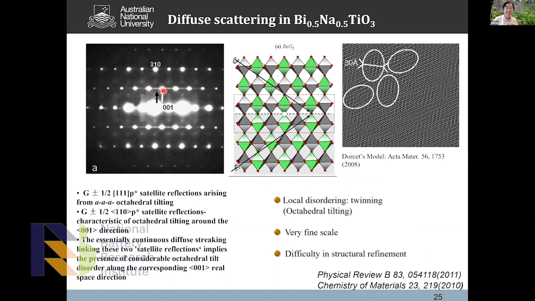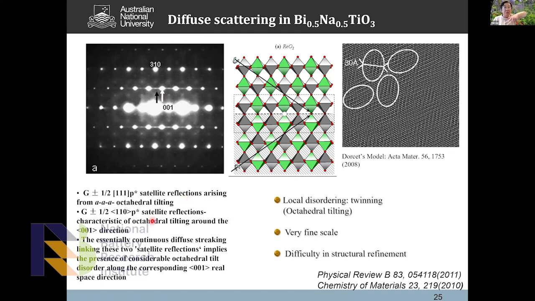But you can see that the one peak I thought shouldn't be there is the one half 1-1-0 of the parent structure. It should not be here, but it is. Most interestingly, these two satellite diffractions are linked together, which means you have an intergrowth structure occurring locally.